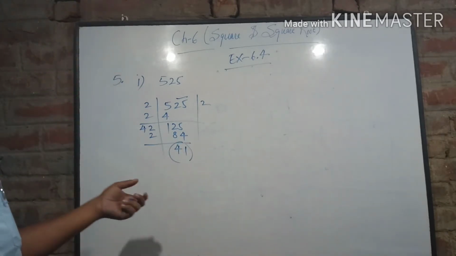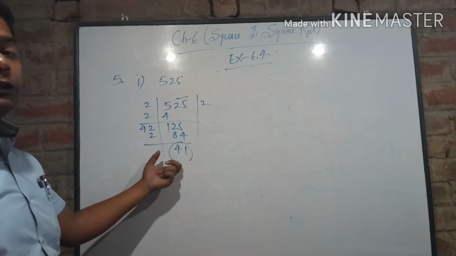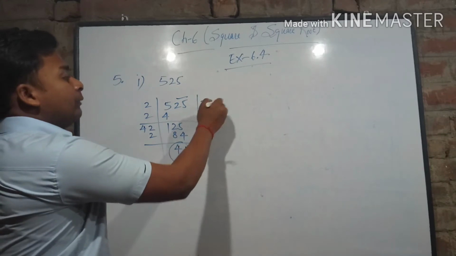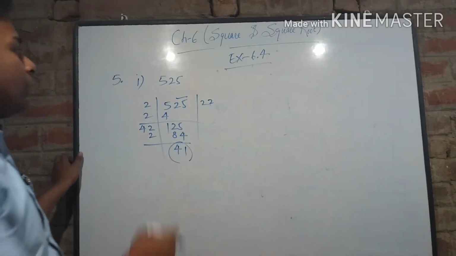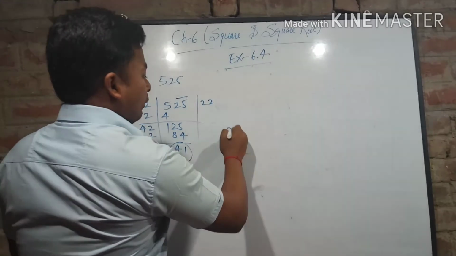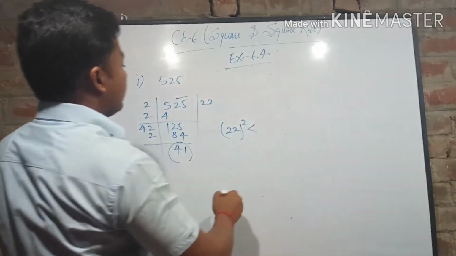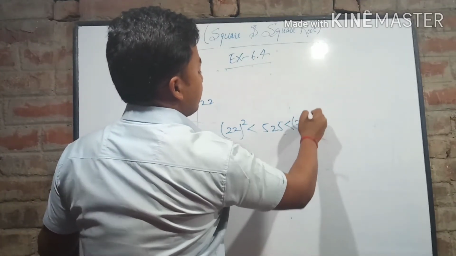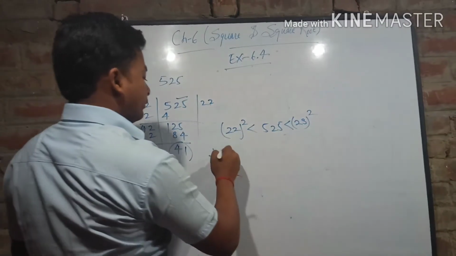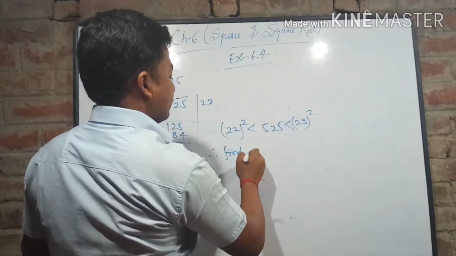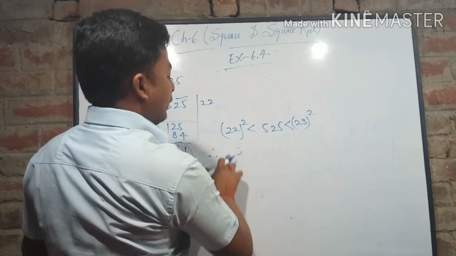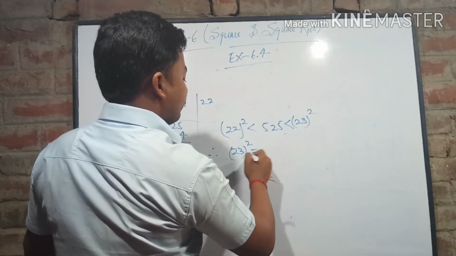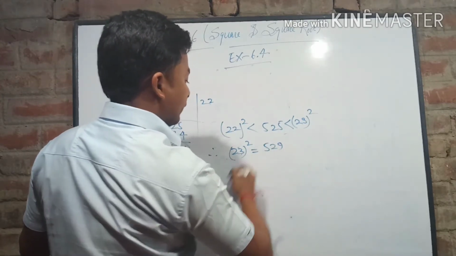But now we have to find not the number which is to be subtracted, but the number which is to be added. Now we have got here 22. Now 525 can be written as 22 square is less than 525, which is less than 23 square. So we will find out the square of 23. 23 square is equal to, we know that it is 529.